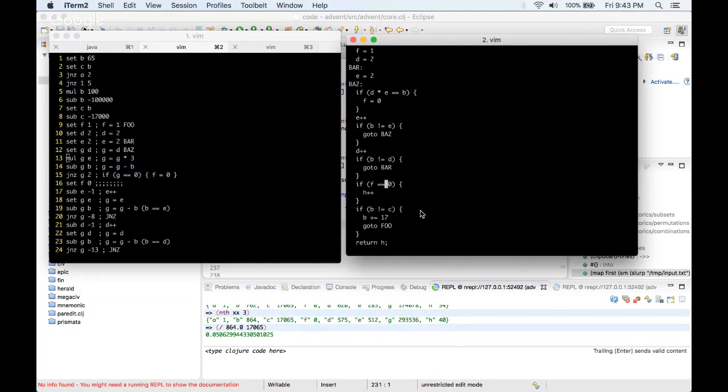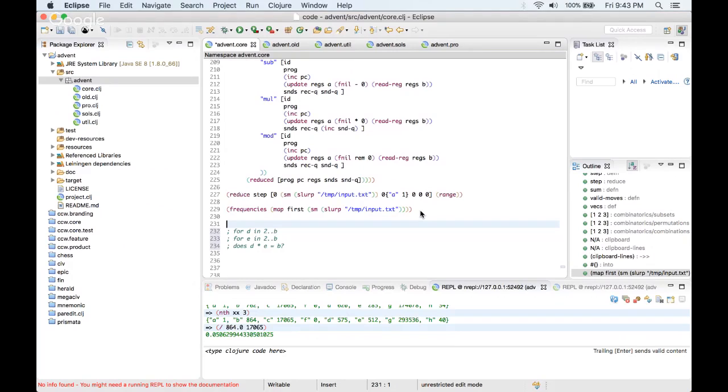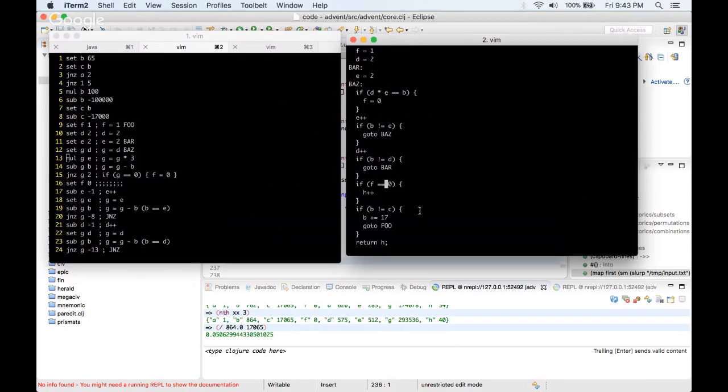Like, if so, increment H. And then the point of this is that we're doing something 1,000 times?